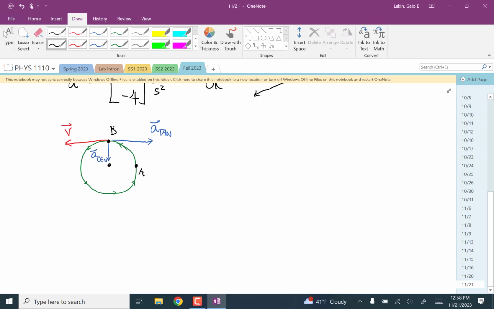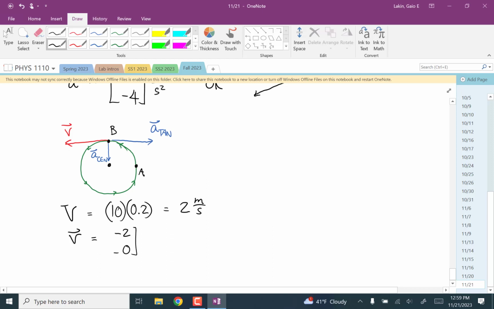To get the full velocity vector, now we need the speed. And that's equal to the absolute value of the angular velocity, that was 10, times the distance from the about point to B, that was 0.2. And so you get 2 meters per second. And so the velocity vector is in the negative x direction, so that's -2, 0.